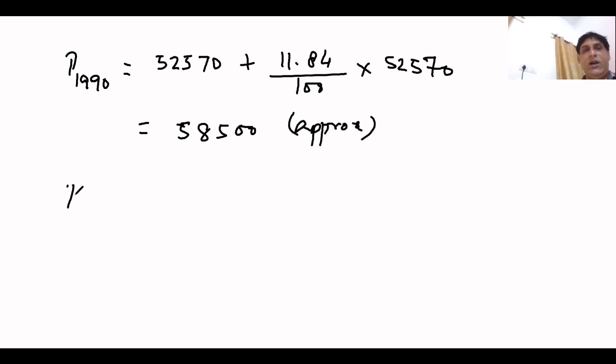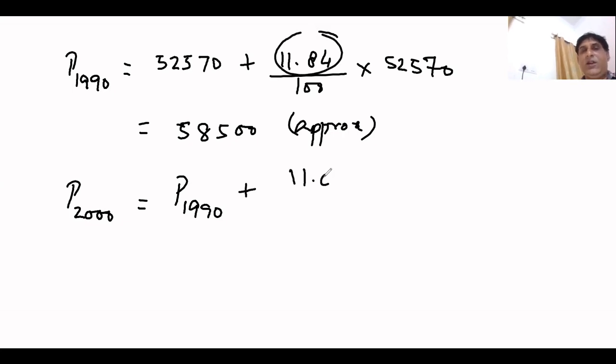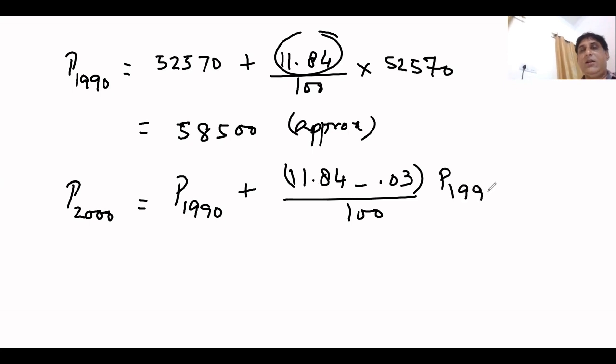Now again, if I am being asked to calculate the population of 2000, it will be population of 1990 plus 11.84 minus 0.03 upon 100, the population of 1990.